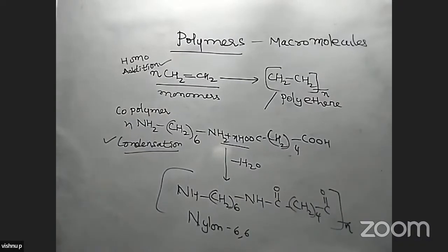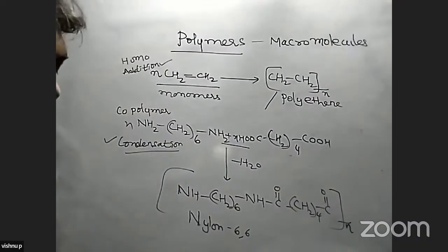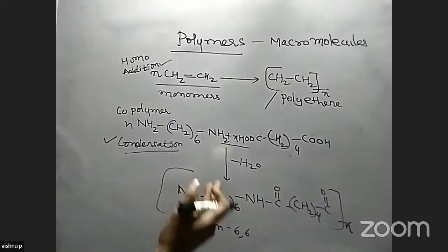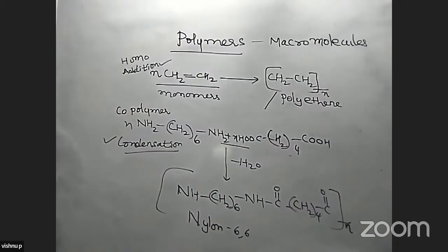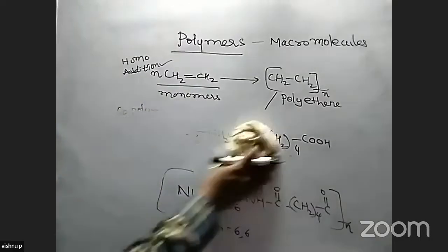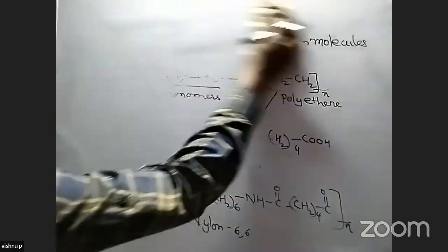Addition means monomers are simply added. Condensation means the polymer is formed by losing some molecule. This is called condensation polymerization.